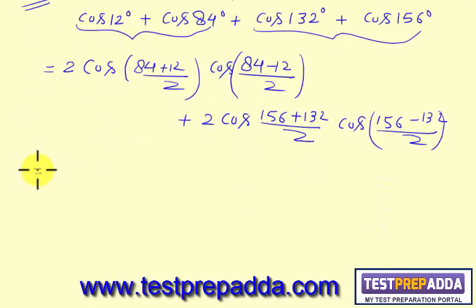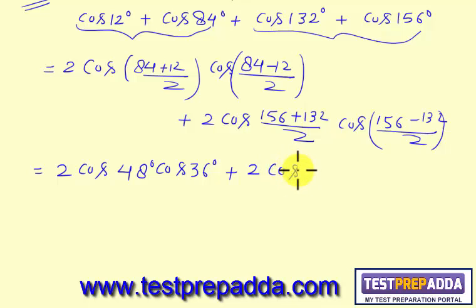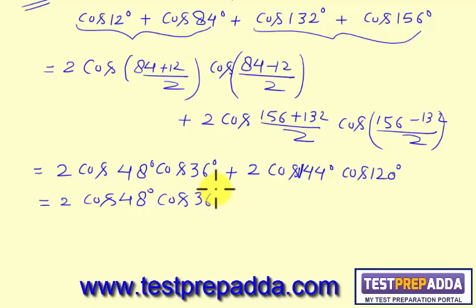So finally it comes 2 cos, if you solve it comes 48 degree and cos 36 degree plus 2, it comes cos 144 degree, and cos 12 degree. Now I will write this as 2 cos 48 degree cos 36 degree.